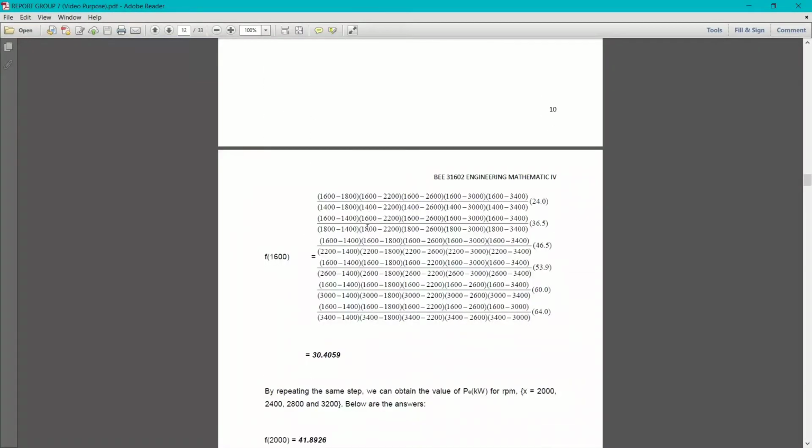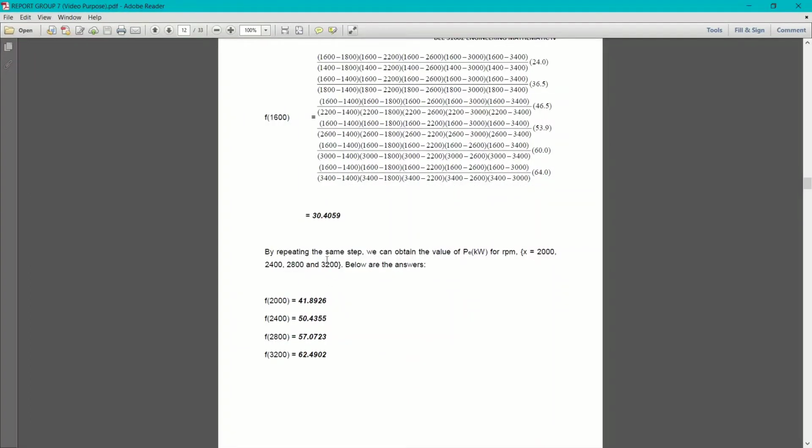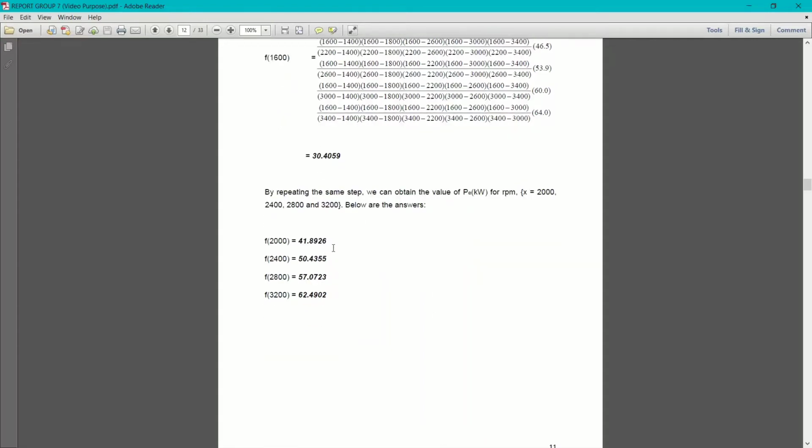This is the solution. We will get the answer 30.4059. Then we use the same steps, same solution, same formula to find the different rpm, and these are all the answers.